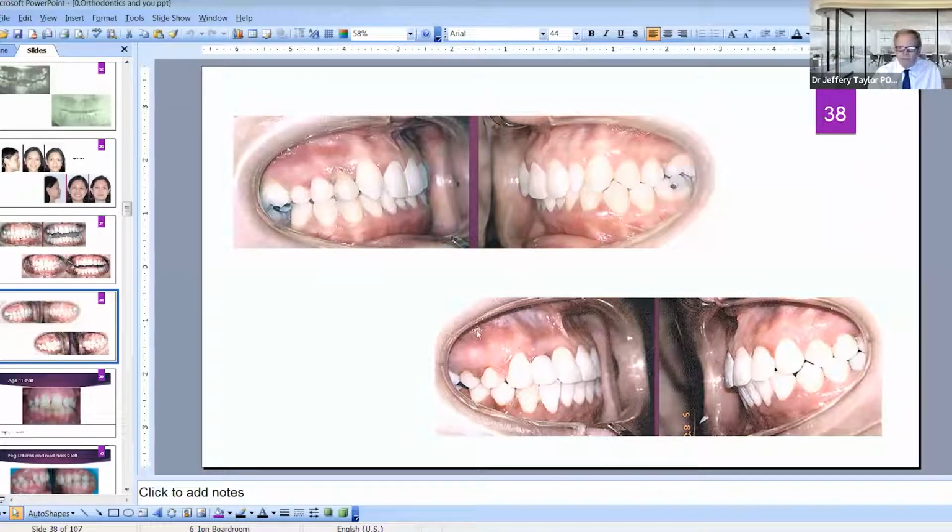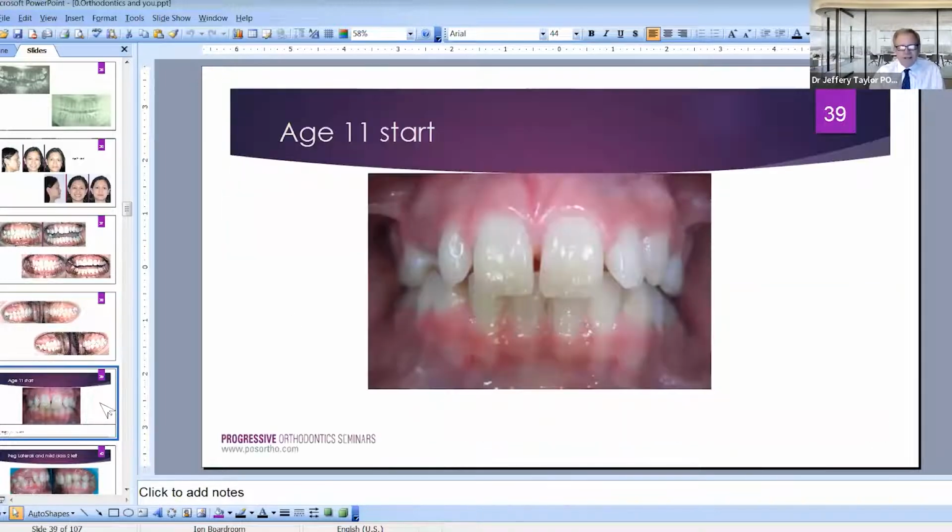At least that's been the comment from many people in our class who are prosthodontists and do a lot of prosthetic work in their office. They said, I can't get anybody to set up the case correctly for me, so I'm going to do it myself. In fact, I work with an oral surgeon in Poland, and he says, I can't get orthodontists over there to set cases up correctly, so he sends them to me for the diagnosis, which is kind of interesting.